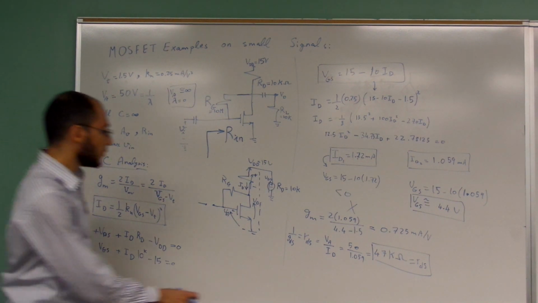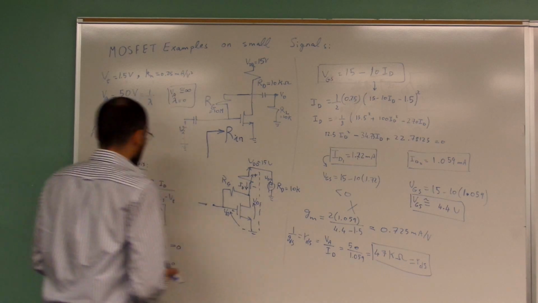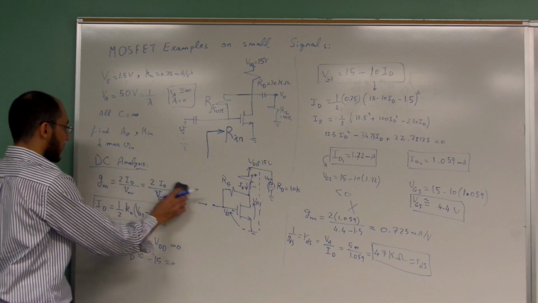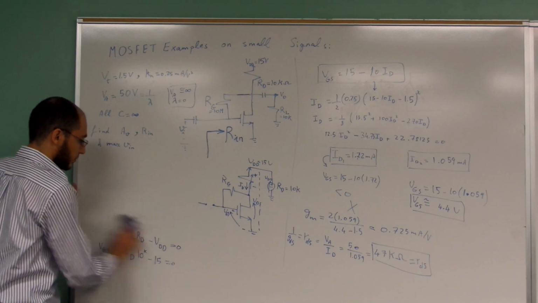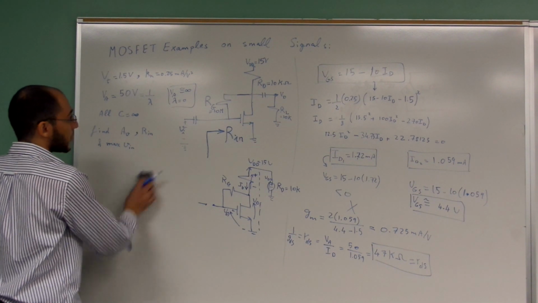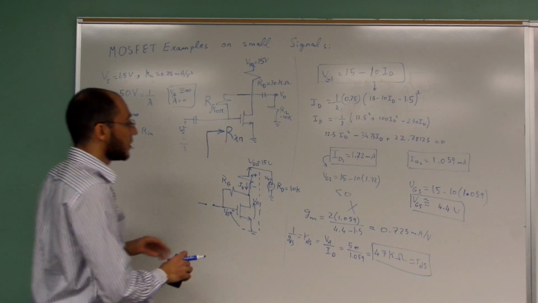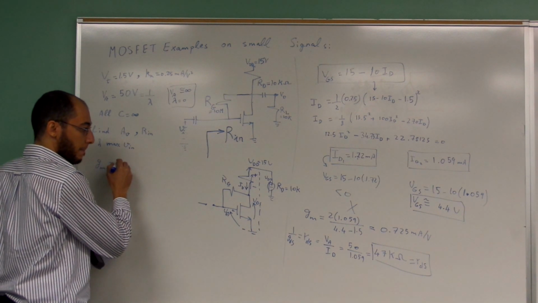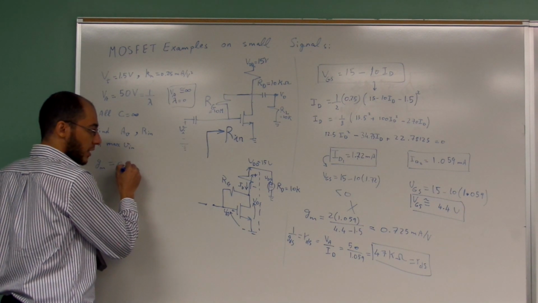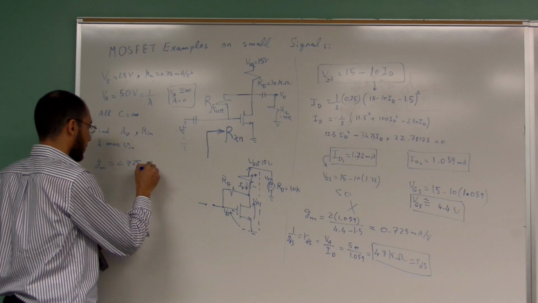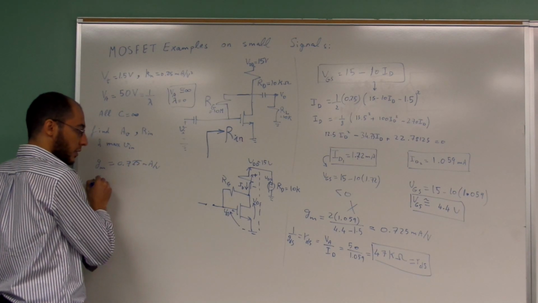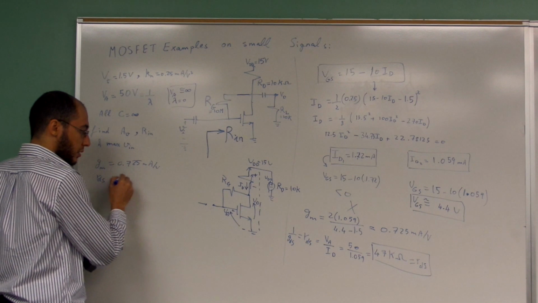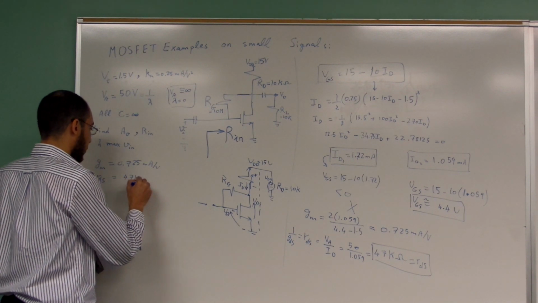Given these two values, let's go to the AC analysis. With the AC analysis, GM equals 0.725 milliampere per volt, and RDS equals 47 kilo ohms.